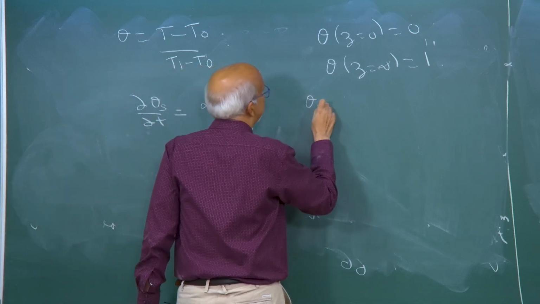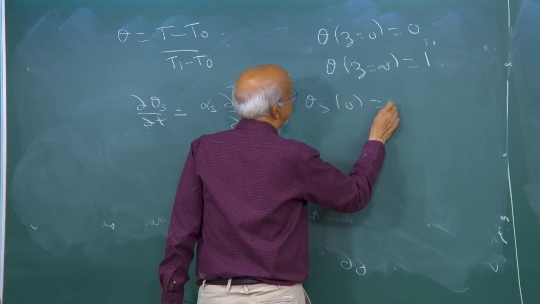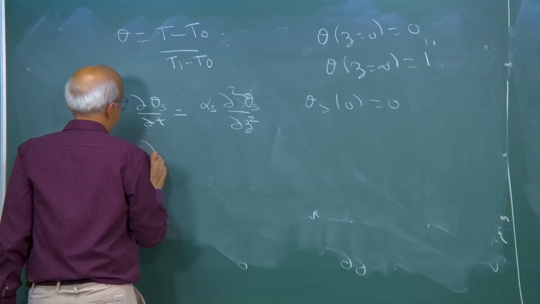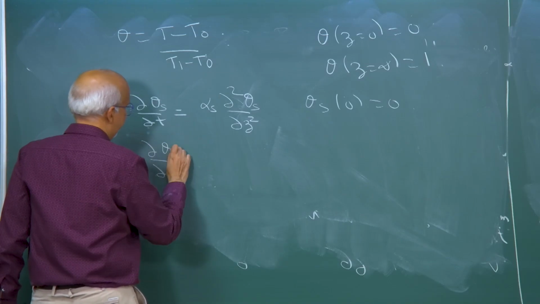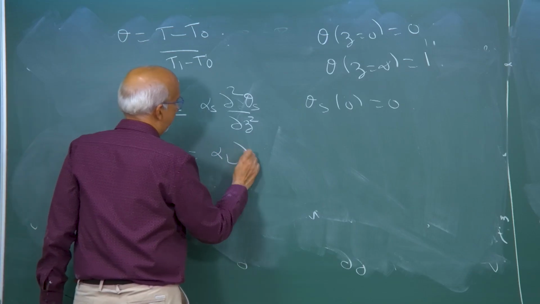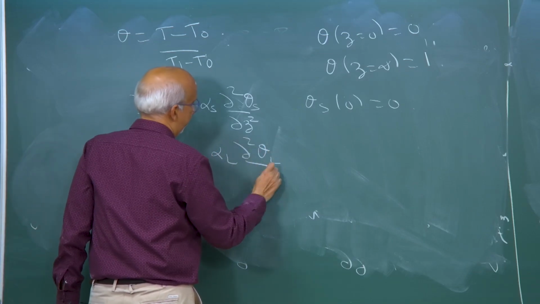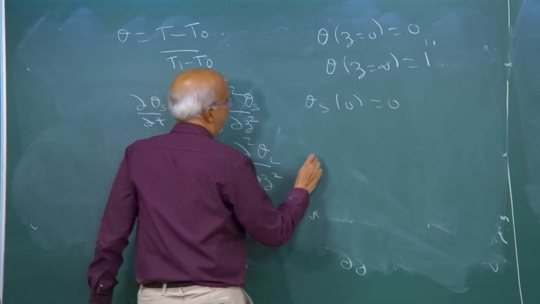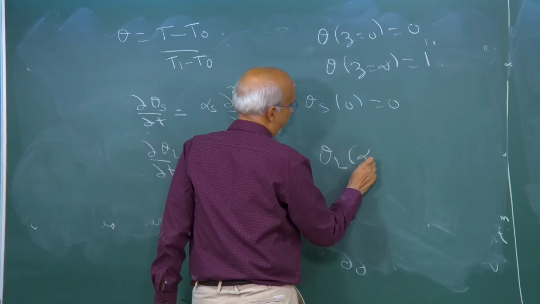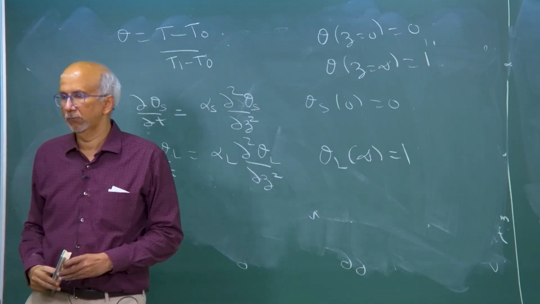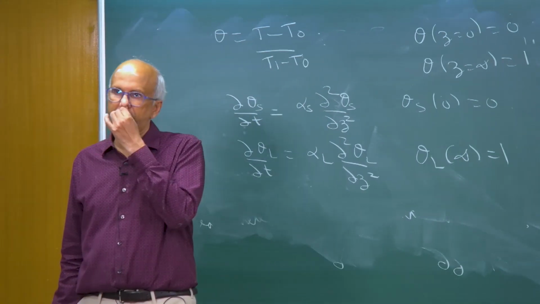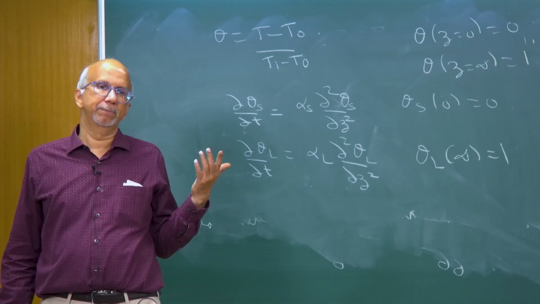And theta s of 0 is 0, and d theta l by dt is alpha l d square theta l by dz squared, and theta l of infinity is 1.